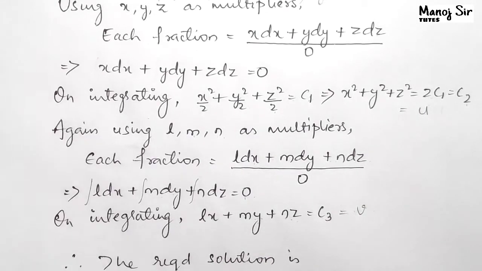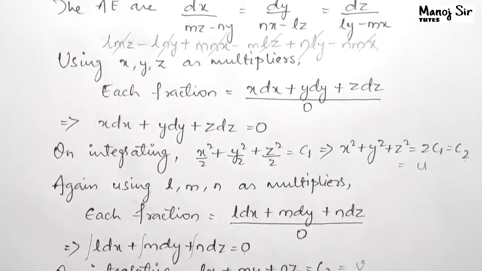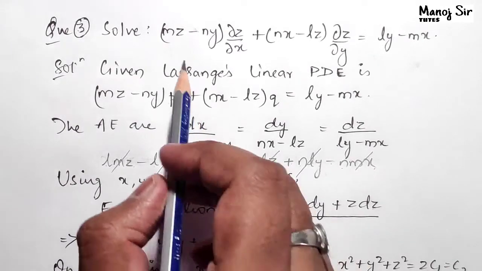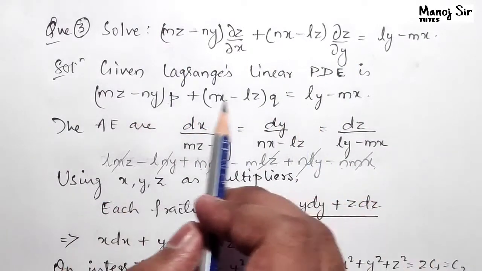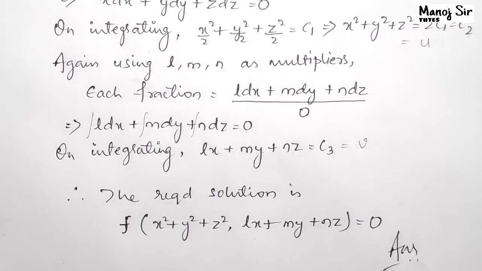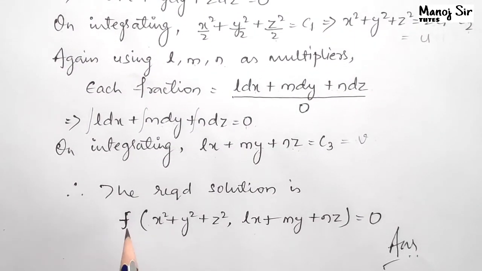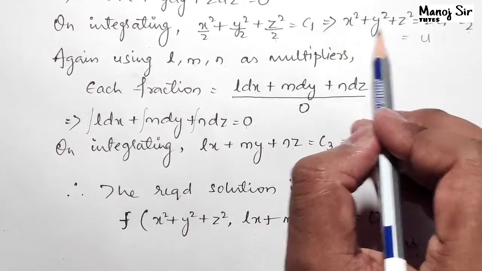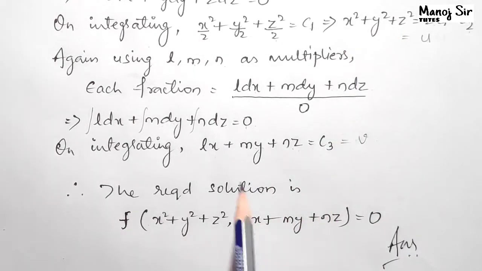Now since we have u and v, we can write the complete solution. Okay, that is the solution for this equation, or you can say this equation, because both are same. So finally we can say the required solution is given by f of x square plus y square plus z square, which is u, comma lx plus my plus nz, which is v.